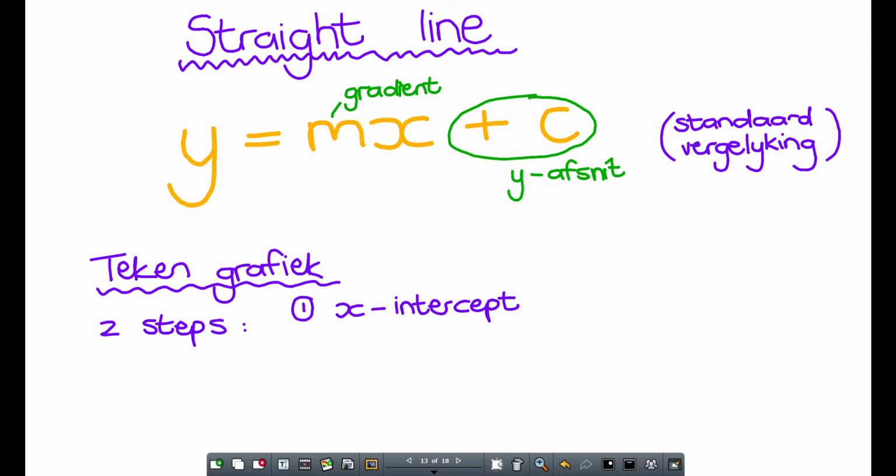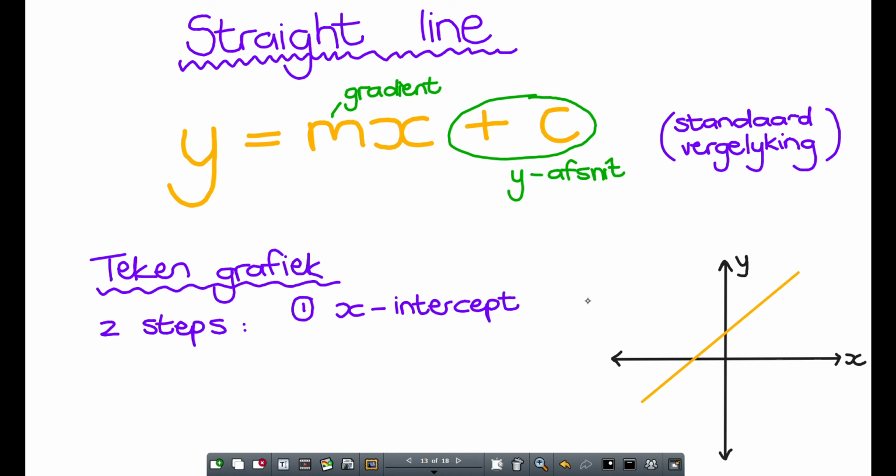Nou, ek gaan gou vinnig hierso vir jou teken dat jy gou weer so 'n bietjie kan onthou. Want jy het 10 en alweer vergeet. Okay, hierdie is mos my y-as, and the horizontal one is my x-axis. So if I were to draw a straight line here, good.